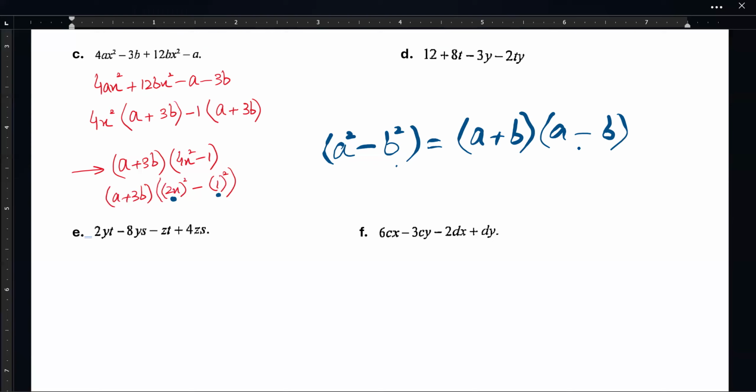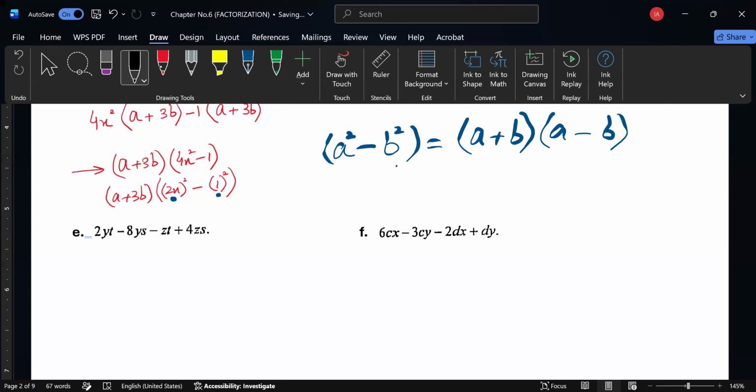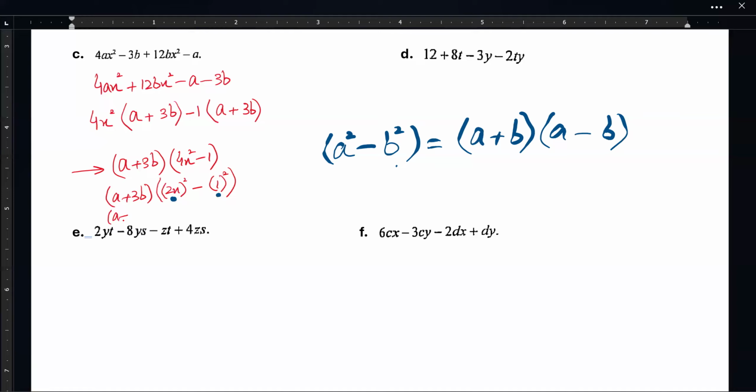According to this, I can write it in two brackets. So just follow this pattern. The first bracket will remain the same, nothing happens to it, but the second bracket will be broken down into two further brackets. It's going to be 2x plus 1, that is a plus b, and we have a minus b, so it's going to be 2x minus 1. This is your final answer.